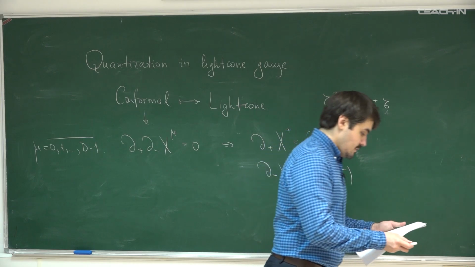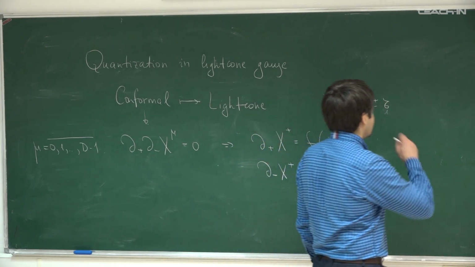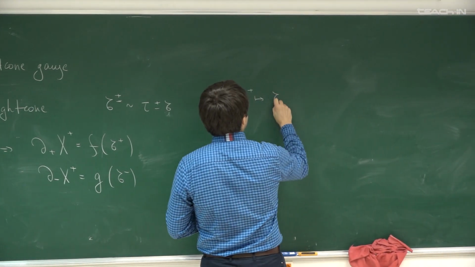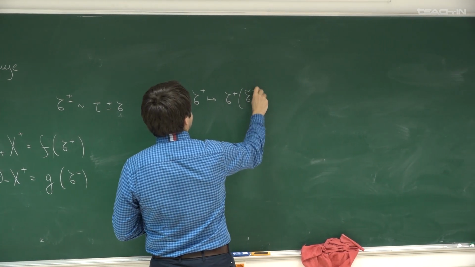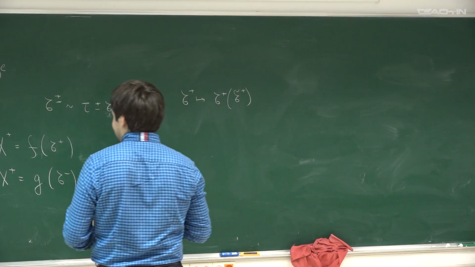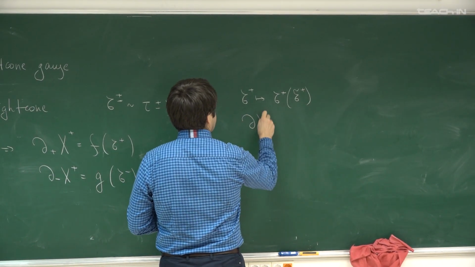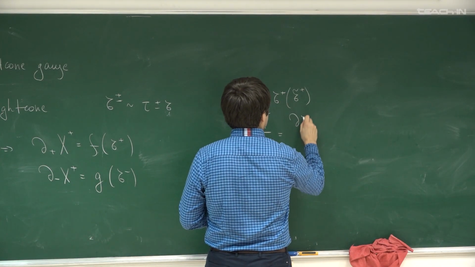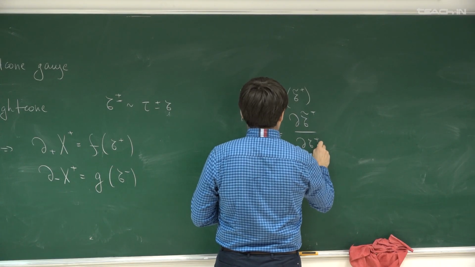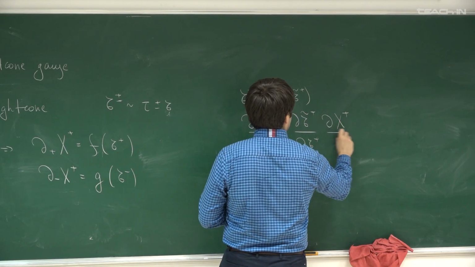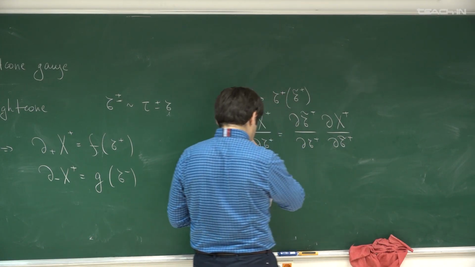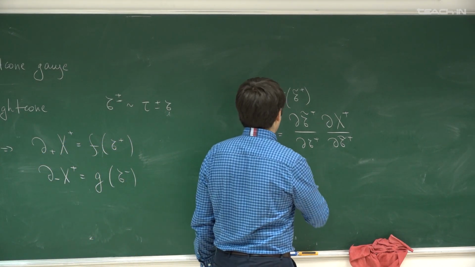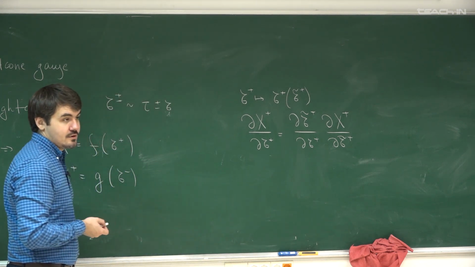So then let's make a reparameterization, sigma plus goes to sigma tilde plus. Then dx plus over d sigma tilde plus is some function of sigma plus, multiplied by another function of sigma plus.